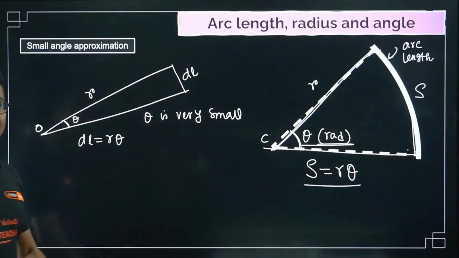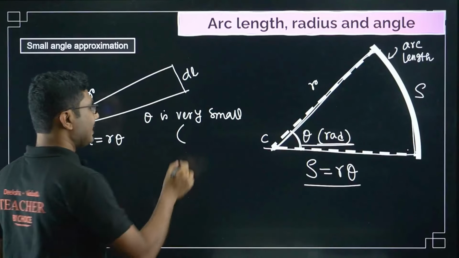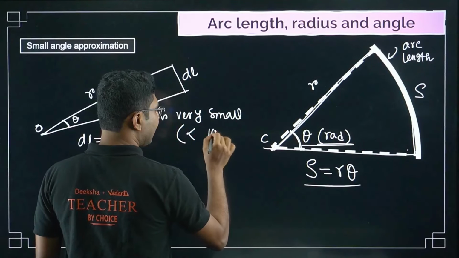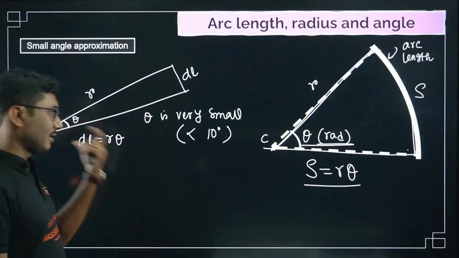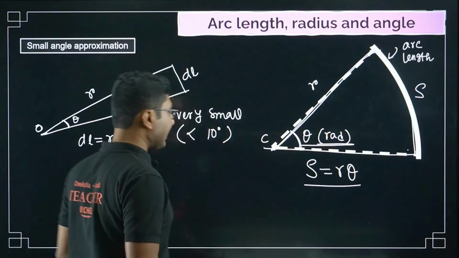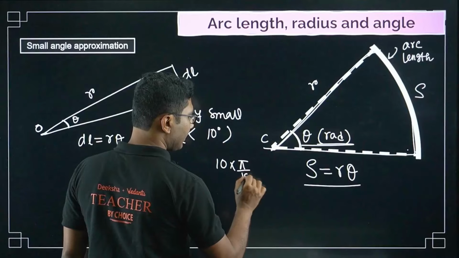Small means what? Generally it is less than 10 degrees. If you convert it into radians, that is 10 into pi by 180, right?